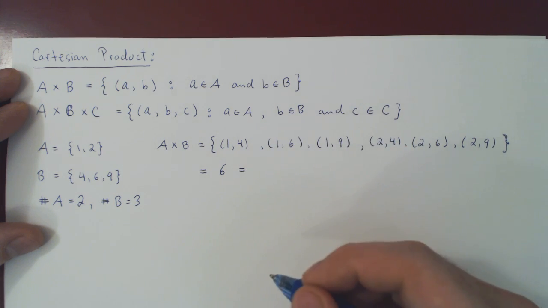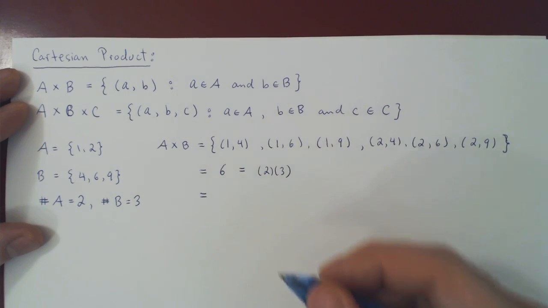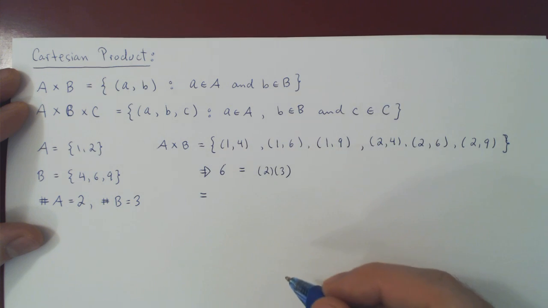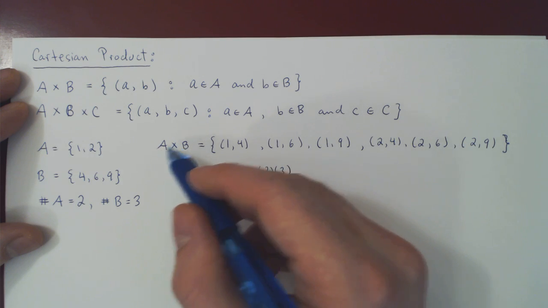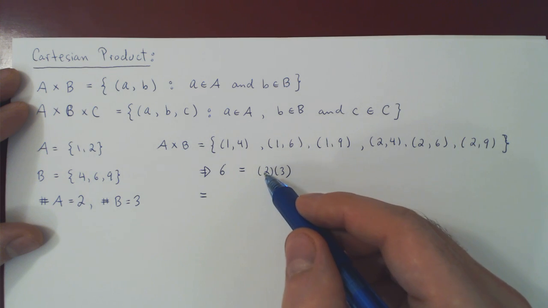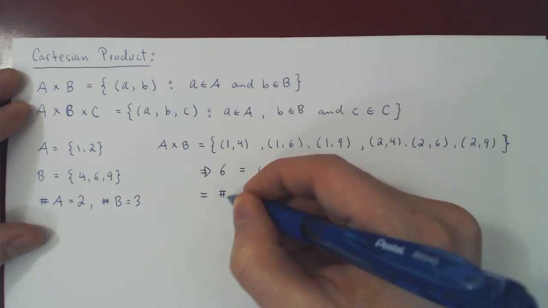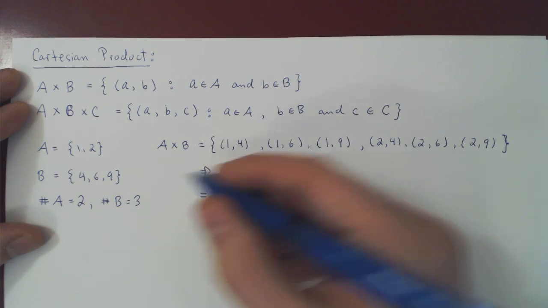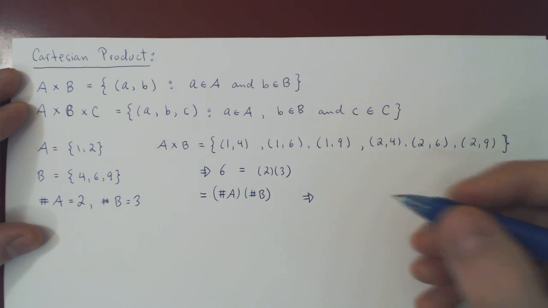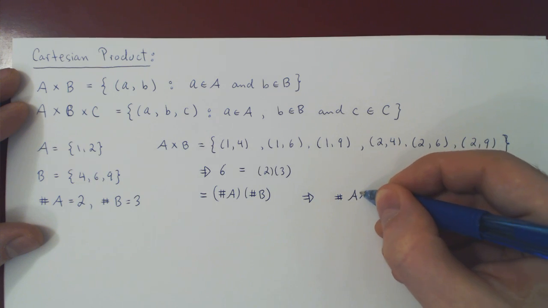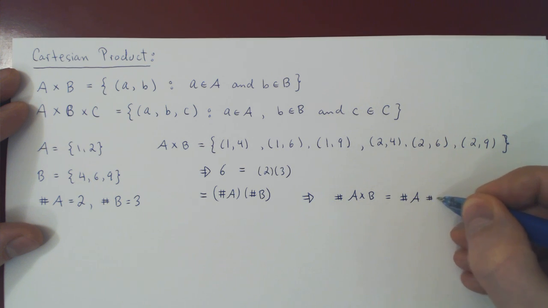And if you notice, 6 is 2 times 3. 6 is not the set, but the size of the product of A and B. So 6 is equal to 2 times 3, but 2 is the size of A, 3 is the size of B. And you can see that, with this example, the number of elements in A times B is quite simply the number of elements in A times the number of elements in B.